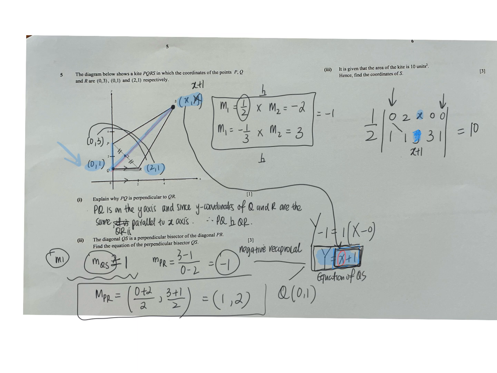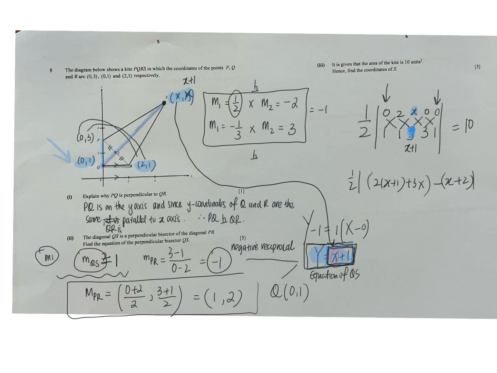So 0 times 1, 0. 2 times (x plus 1) plus 3x plus 0. So this one no need to write. Minus the opposite of the shoelace, 0, 0, x, and 2. Did you replace s with x?